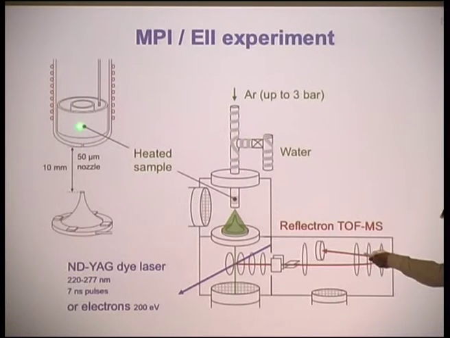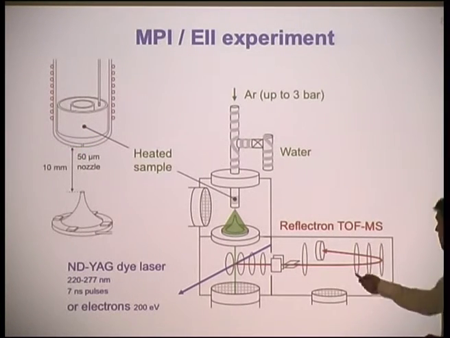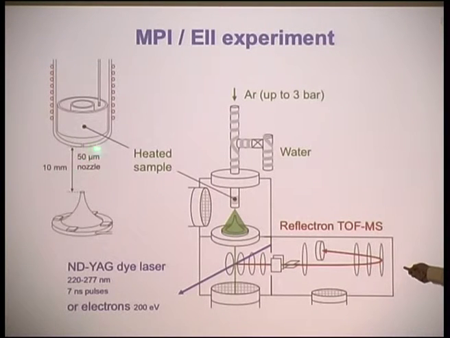This argon or helium is flowing through a fine nozzle of about 50 microns diameter into a pumped chamber. So you have a large pressure difference between these two zones, and you have an expansion of gas seeded with your biomolecules in this volume.